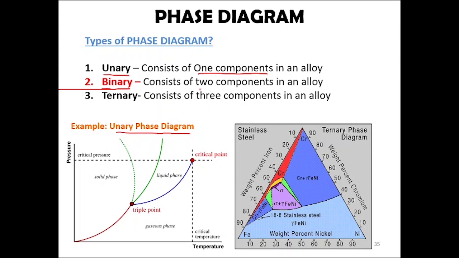It consists of two components in an alloy. In this video, we are going to focus on binary phase diagram. And then the third one, we have ternary phase diagram, which consists of three components in an alloy. You can look at an example of ternary phase diagram in this slide.